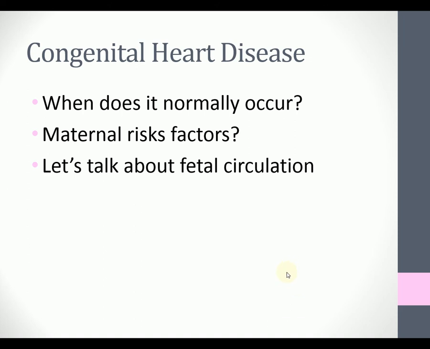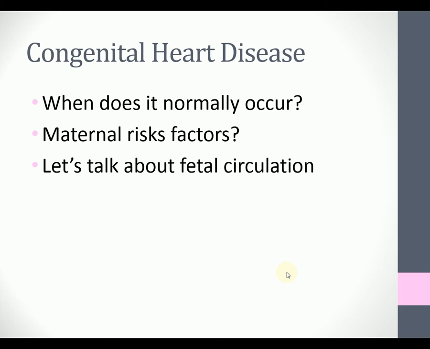All right, congenital heart disease. When does it normally occur? Well, when is our most developmental portion of the pregnancy? It happens within that first 8 weeks of pregnancy. With congenital heart disease, you're looking at 4 weeks, because remember, we start hearing the heartbeat at 4 weeks.